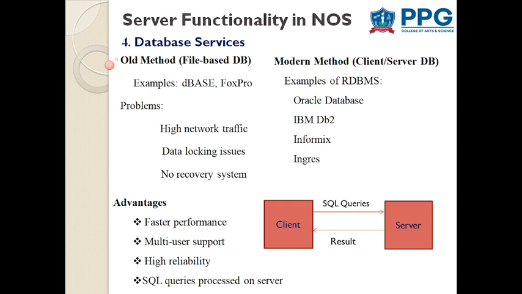Here, SQL queries are processed directly on the server, and then the server responds with the result to the client. This provides fast performance, multi-user operation, high reliability, SQL queries processed on server. These are the advantages of database services.